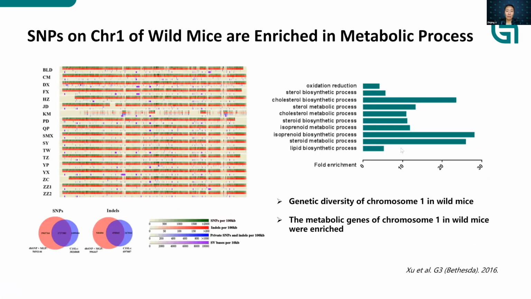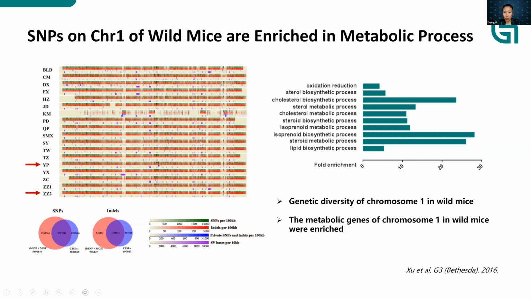So here, as you can see on the upper left panel, these are actually more than 20 consomic strains GEM Pharmatech constructed from wild mouse that are caught from the field. Out of these, 11 were characterized. These are the 11 that we're going to bring into our wild mouse project. And for today's purpose, I'm going to show you 2 of them. One is YP1, the other one is ZZ2. There will be more information about them.